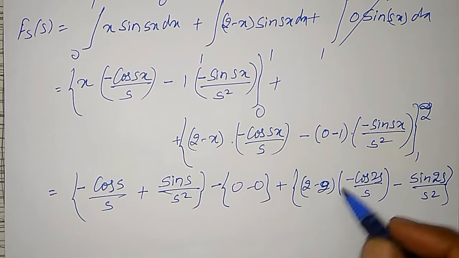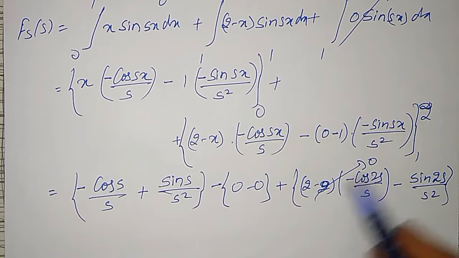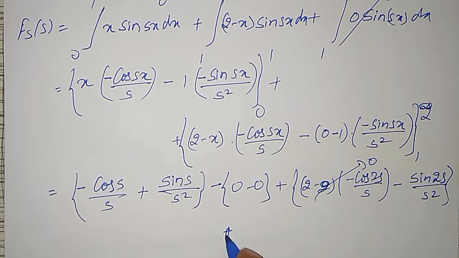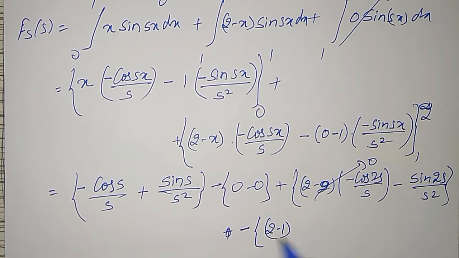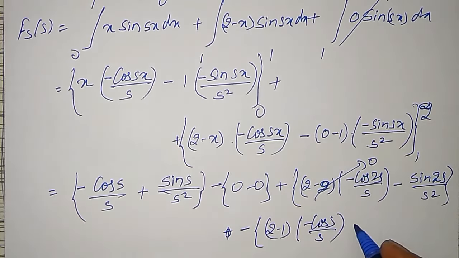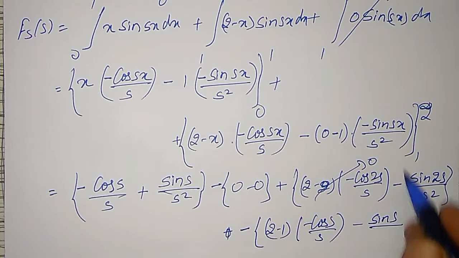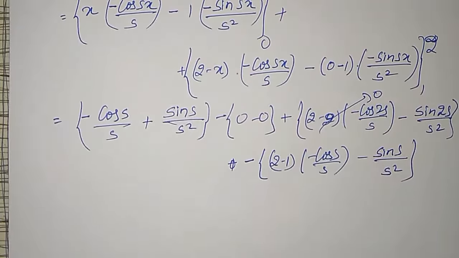This is for the upper limit, but anyhow 2 minus 2 becomes 0. For x equal to 1 now, next minus, for x equal to 1, 2 minus 1 into minus cos s divided by s, minus minus times minus, again remains minus sine s divided by s square.